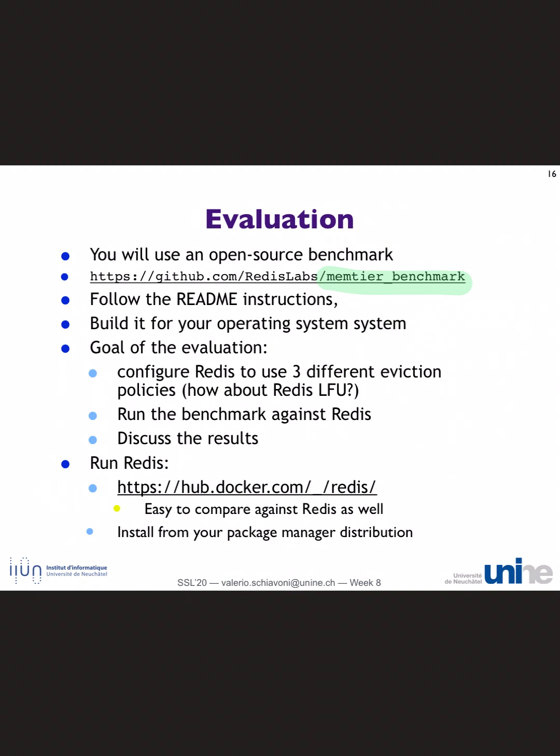And then the idea is to use Redis according to 3 different eviction policies. So we need to see how to change the eviction policy, and then run some benchmark against that configured instance, and we can try to discuss the results.